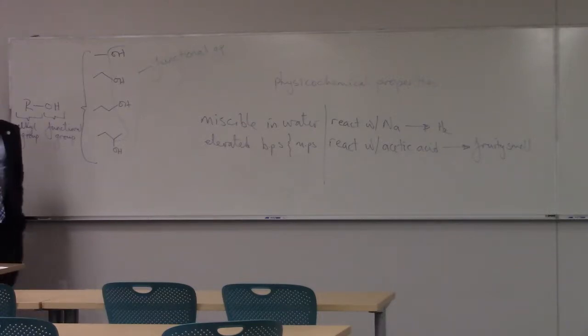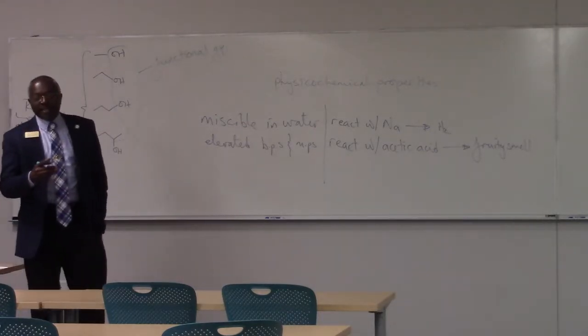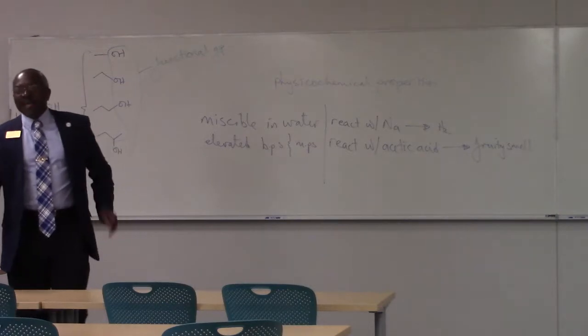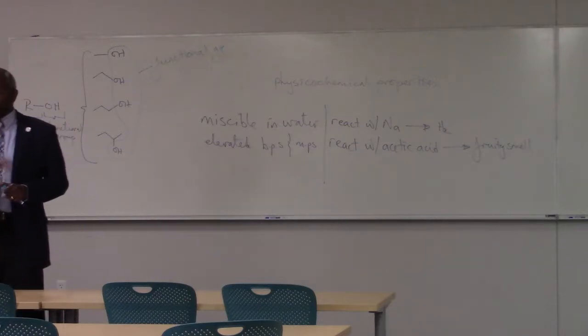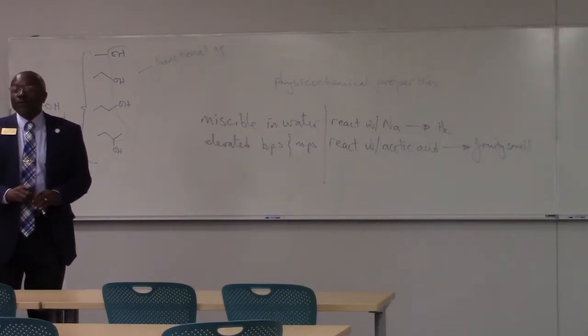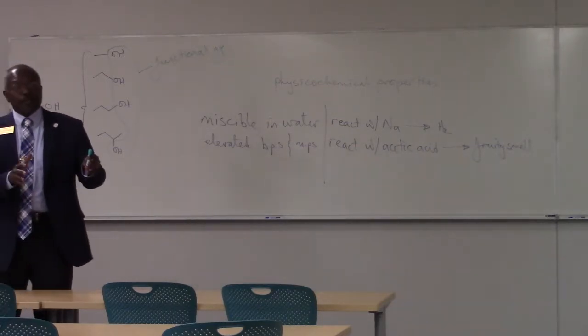So it stands to reason then that it's important for us as organic chemists to have a handle on what the common functional groups are, and to understand their chemistry, both the physical properties and the chemistry, but also to have a handle on the common alkyl groups.